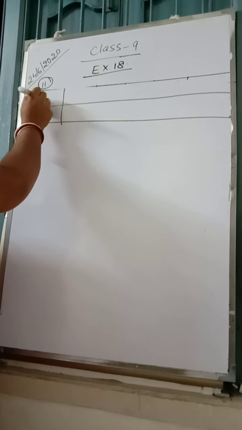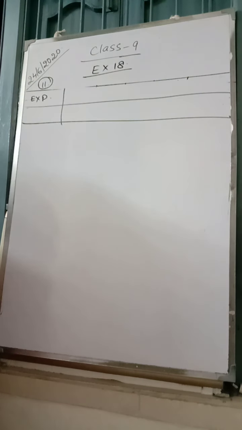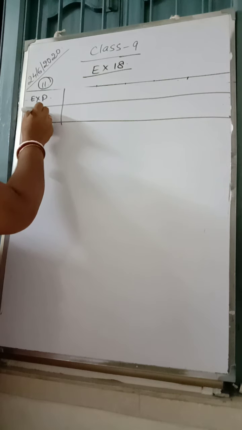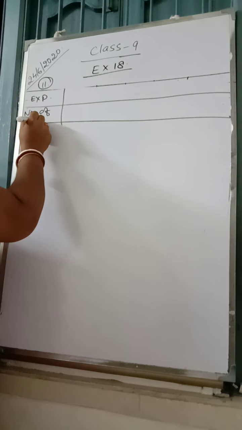First is expenses and next is number of families. Is it?